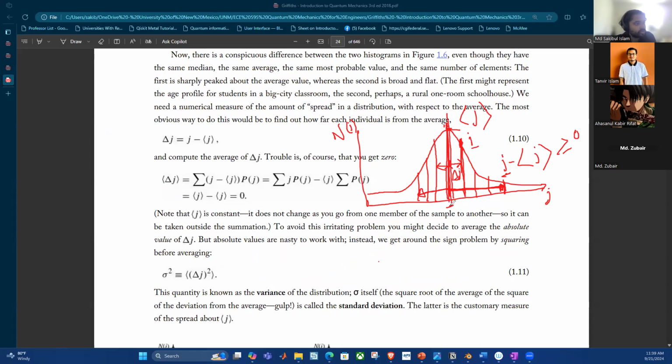What you are calculating is how far a particular value j is from the average. So there is a positive value here because this value of the variable j is greater than the average value. And on the left side, the value of j is less than the average. So that means one side it will be positive, one side it will be negative.